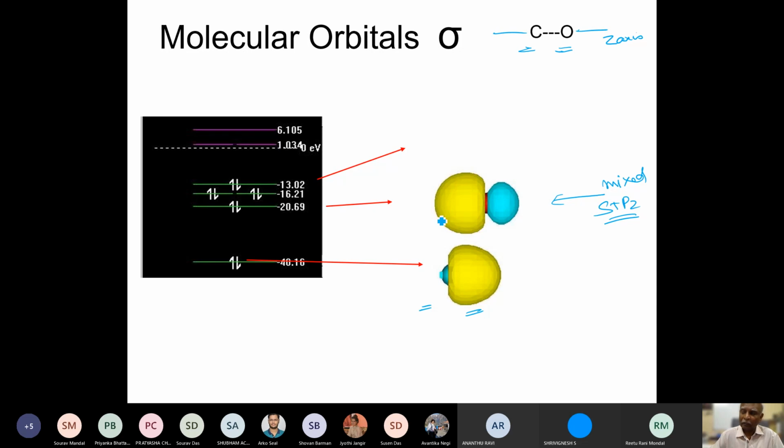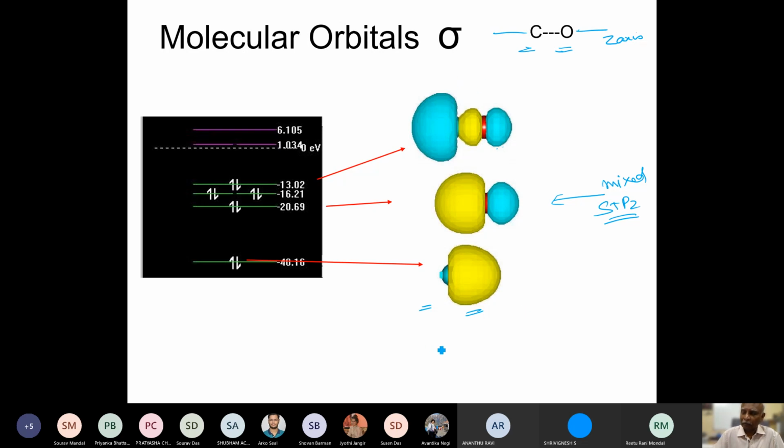Carbon contributes more this time and oxygen contributes less this time. If I now go to the 3 sigma, again it has got more combination from carbon and less from oxygen. So this is predominantly present on the carbon side.